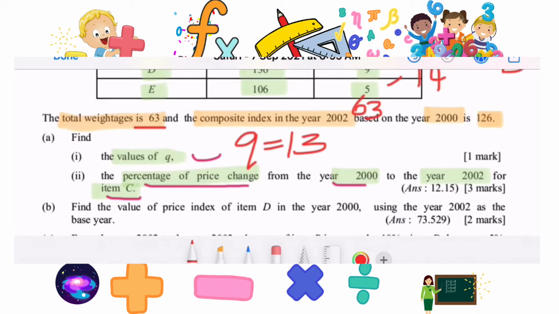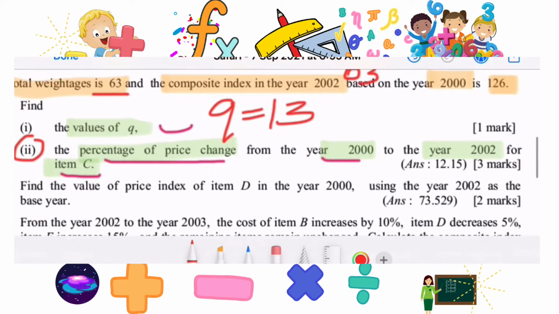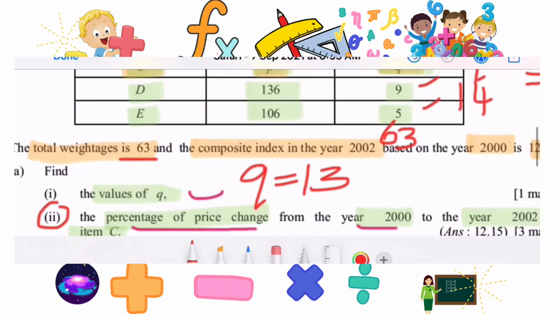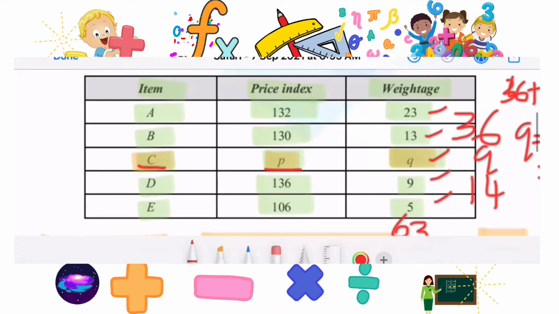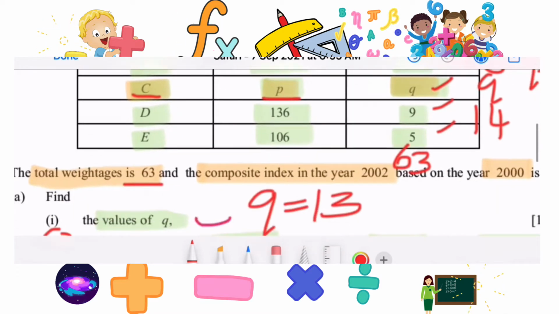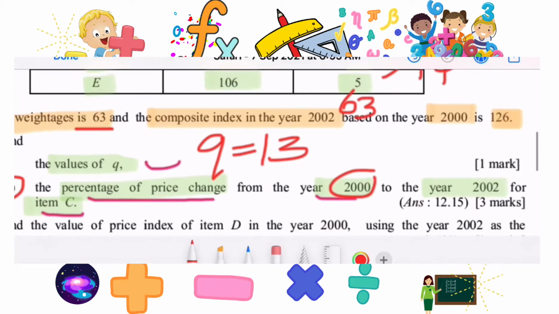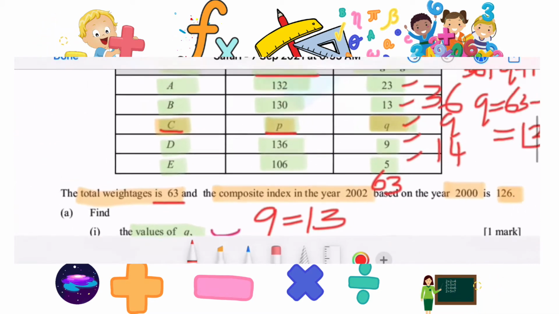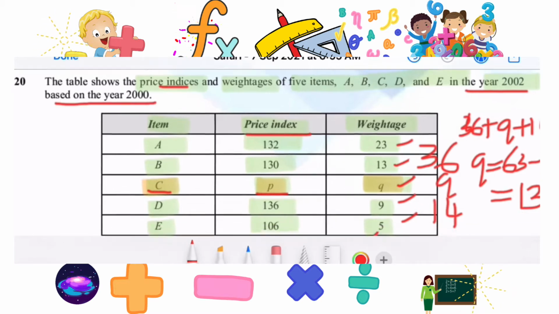So we managed to get Q by using the total weightage minus the rest of the weightages. Alright, let's see how to find the percentage change of the price from 2000 to 2002. This is actually the price index, so we are going to find P. When we find the price index, it means we are getting the price change from 2000 to 2002, because the price index represents the price for the year 2002 based on the year 2000.